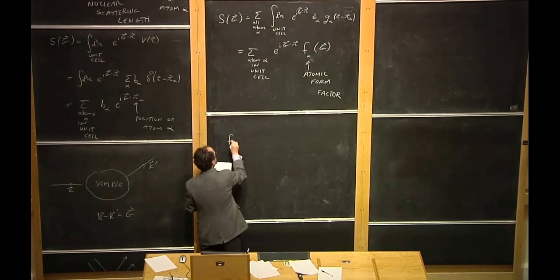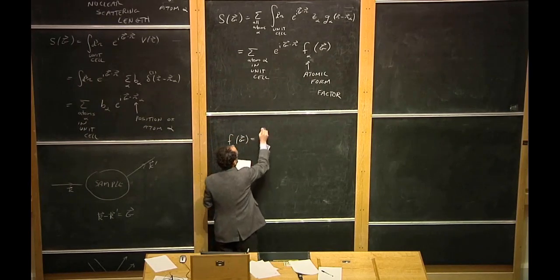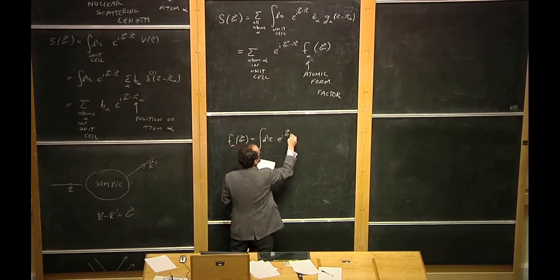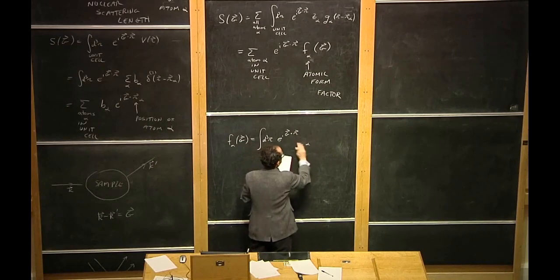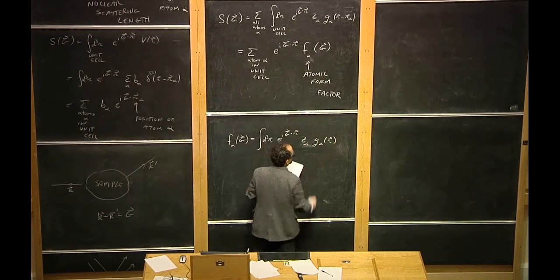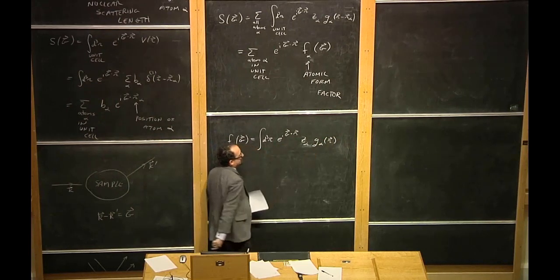If you want to know the actual form of f of G, it's an integral d3r, just the Fourier transform, e to the i G dot r, Z sub alpha, put the Z sub alpha first, then g sub alpha of r. So it's just the Fourier transform of the shape function g.